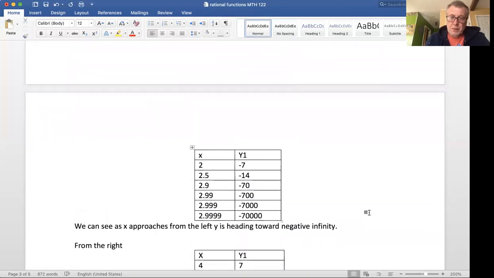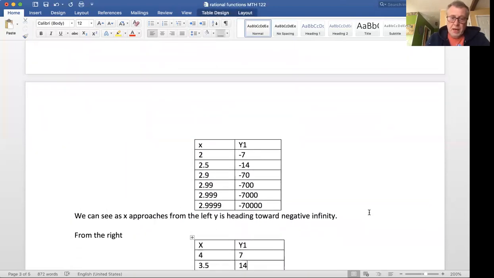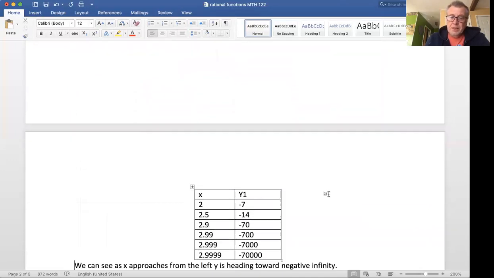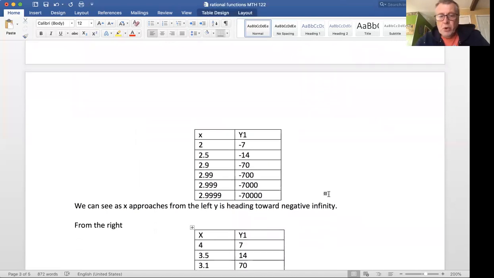For this case, what I did is I looked at the table. If I go back to my original problem, 7 over x minus 3, I look at the table and I approach 3 from both the left and from the right. As I approach 3 from the left, I go 2, 2.5, 2.9, and see what happens.